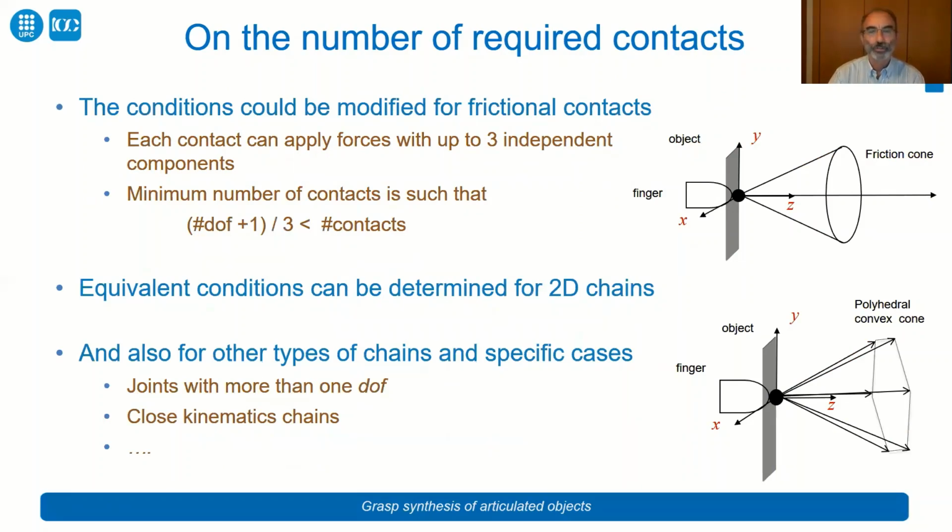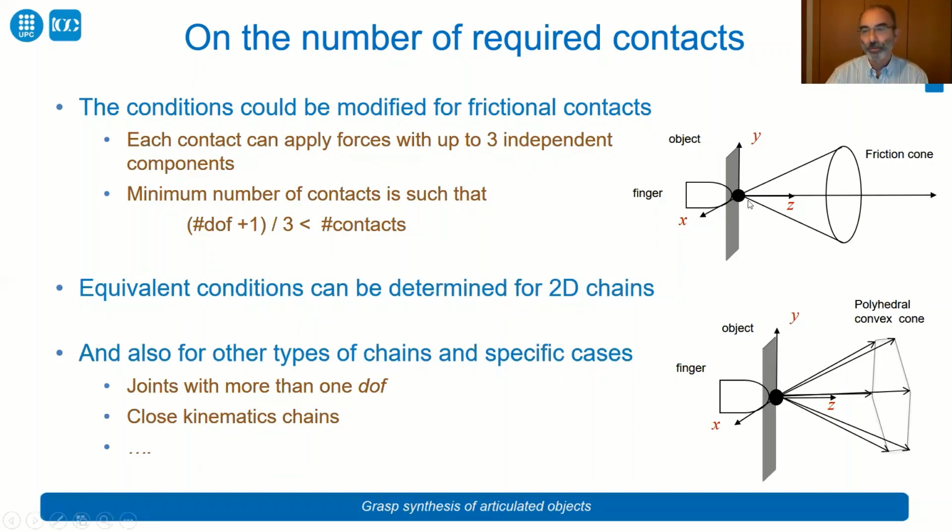Of course, this condition could be modified for frictional contacts, because frictional contacts allow the application of contact forces with 3 independent components, and therefore the minimum number of contacts is even reduced, theoretically by 3, due to the friction influence.